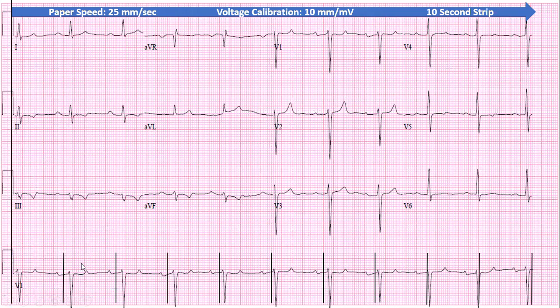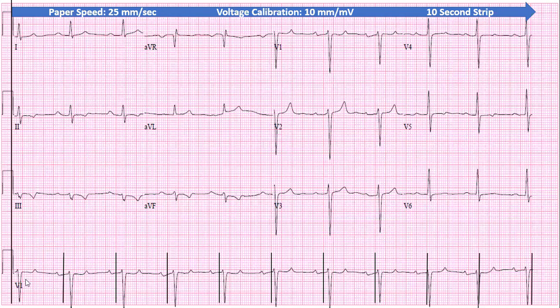Now, what the machine does is, we have 1, 2, 3, 4, 5 clusters of 5 big boxes. So these are the big boxes, and those are grouped into five groups 10 times, if you understand what I'm saying.